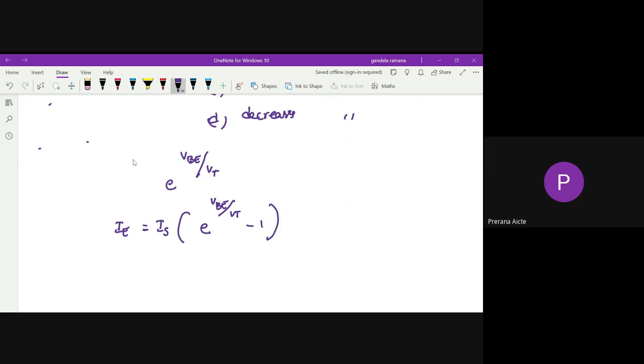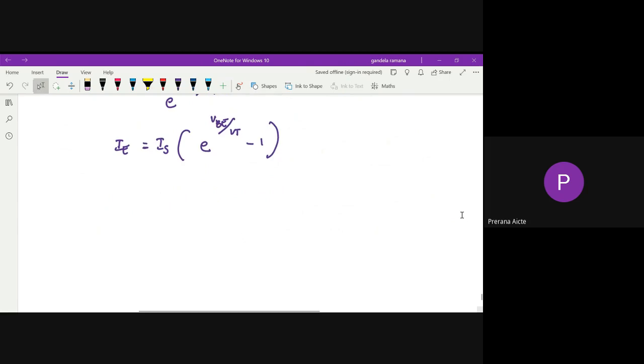When the minus 1 is neglected, it will not affect the operation of the BJT. So that's why you write it as the saturation current Is into e power VBE by VT.